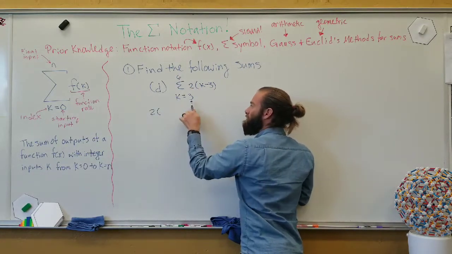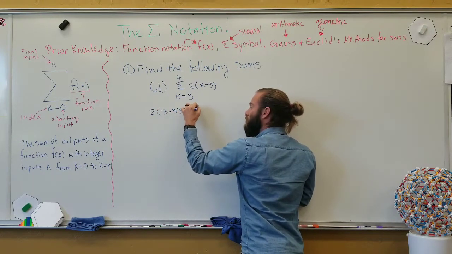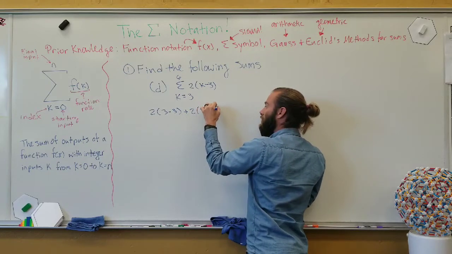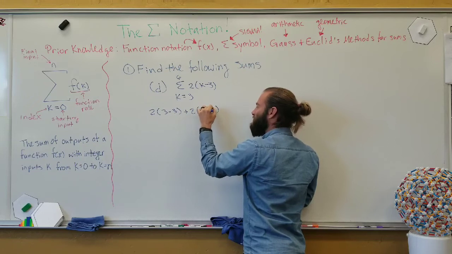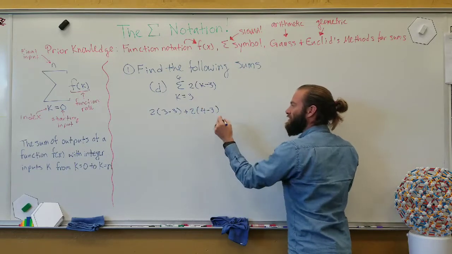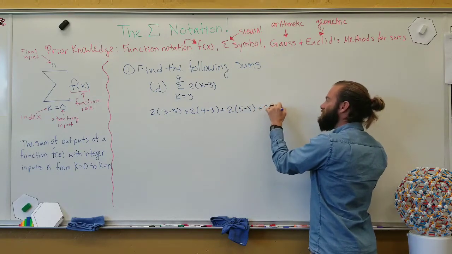It's 2 times, now k starts at 3, so 3 minus 3 plus 2 times 3 minus 4, excuse me, I switched them, 4 minus 3, my k is in front, plus 2 times 5 minus 3, and then finally 2 times 6 minus 3.